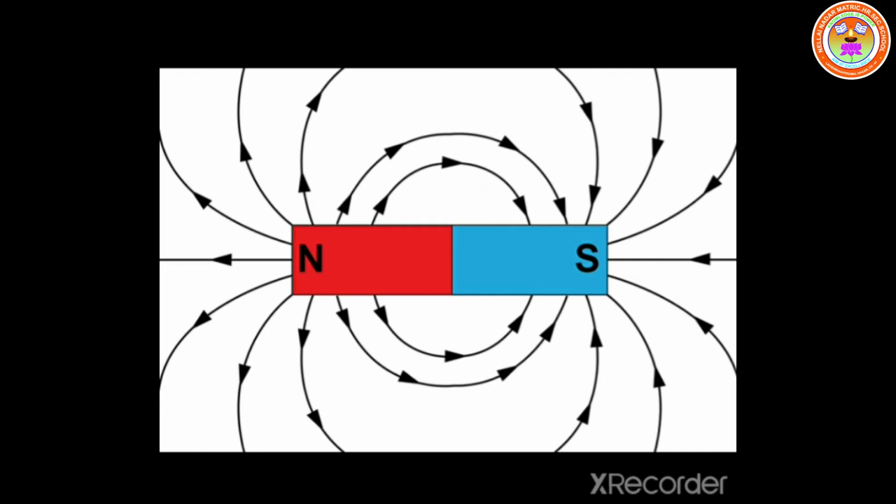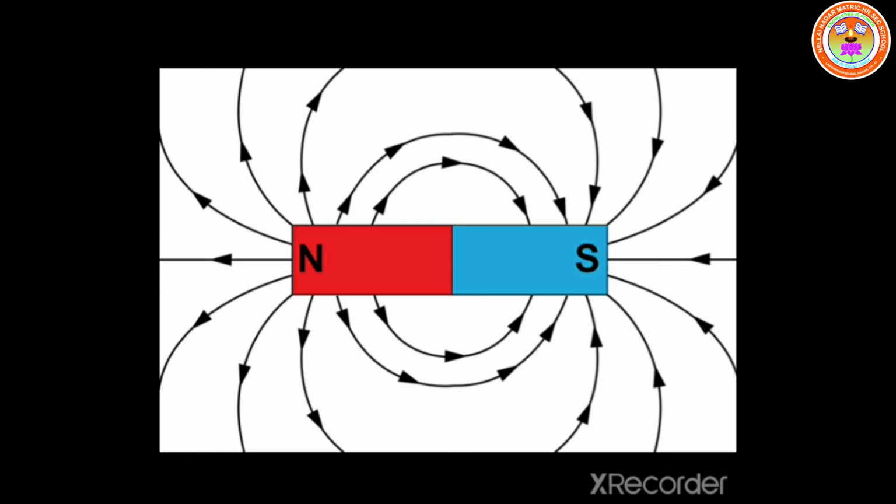From this activity, we notice that magnets have an invisible field all around them, which attracts magnetic materials.